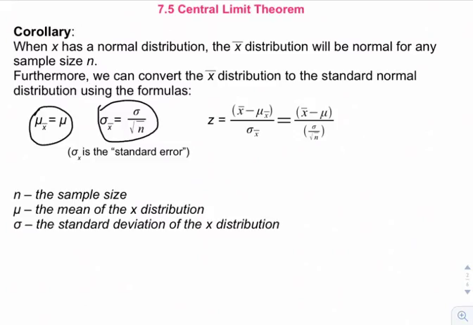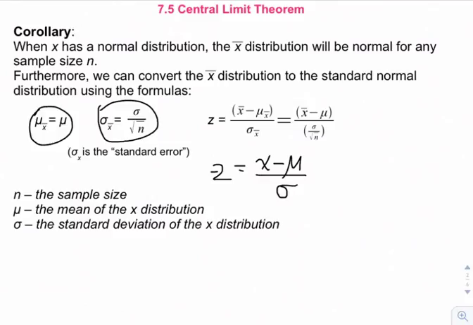So our z-score is going to be a quotient, x bar minus mu x bar, divided by sigma x bar. So this is very similar to what we usually see. We usually have x minus mu over sigma. So now we are just adjusting this so that we're talking about x bar instead.